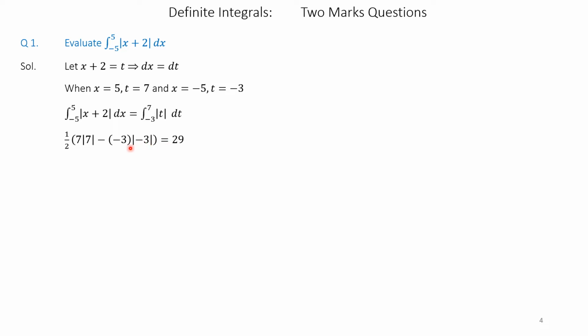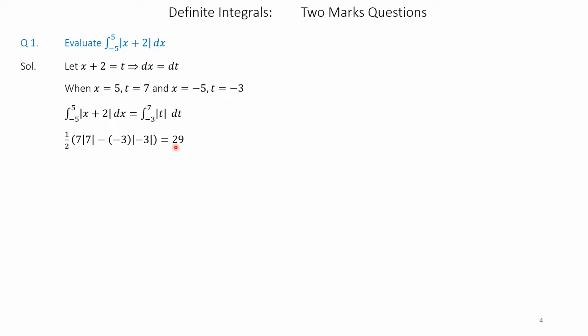That is equal to 7 into 7, which is 49. This minus into this minus becomes plus, and mod becomes plus, so it becomes 9. So 49 plus 9 is 58. 58 divided by 2 is 29. 29 is the answer.